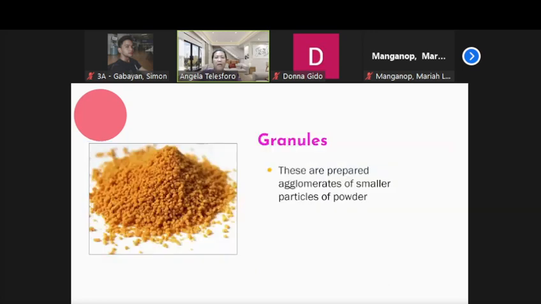Okay. Next to powders, granules. So granules, agglomerates of smaller particles of powder. So pag sinabi natin agglomerates, ang mga powders nagtapok sila para they become bigger in size. So that's your granules. Agglomerates of smaller particles of powder. So they combine together.